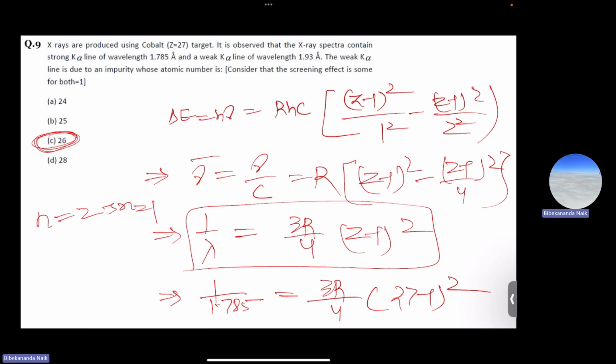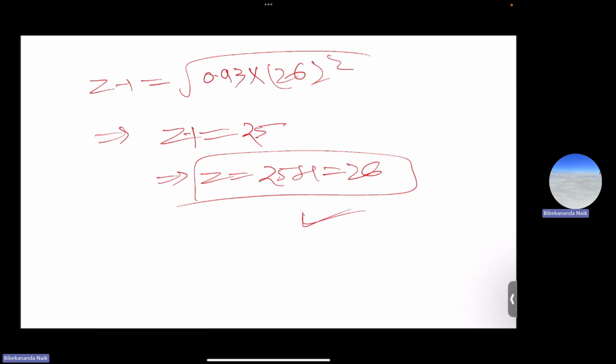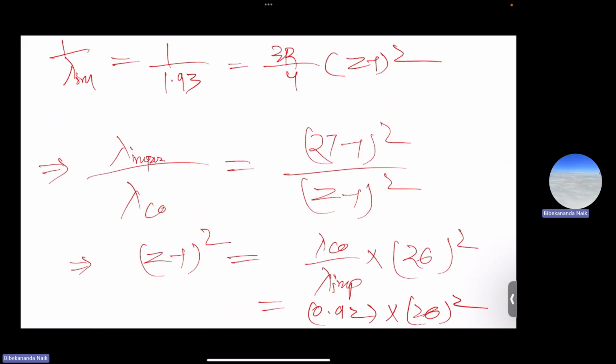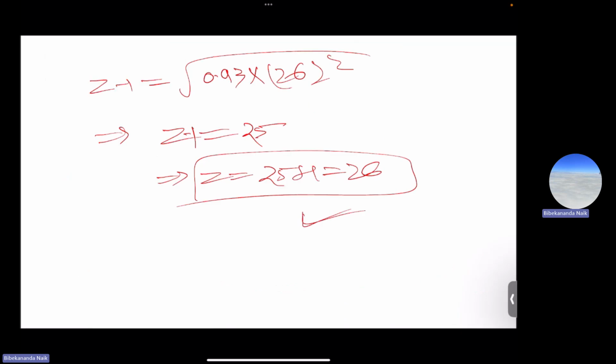Then if you take the ratio, lambda impurity by lambda cobalt will be (Z minus 1) square by (Z minus 1) square. One Z is known, that is cobalt 27. Another Z we need to calculate. If you calculate, Z minus 1 will be 25, so Z will be 25 plus 1, that is 26. So option C is the correct option. The impurity is Z equal to 26.